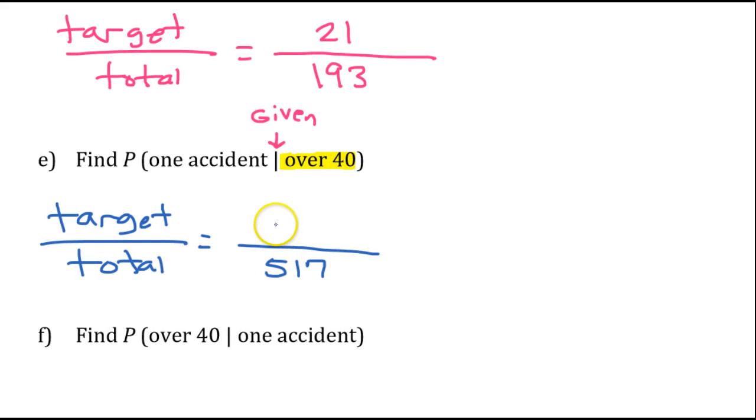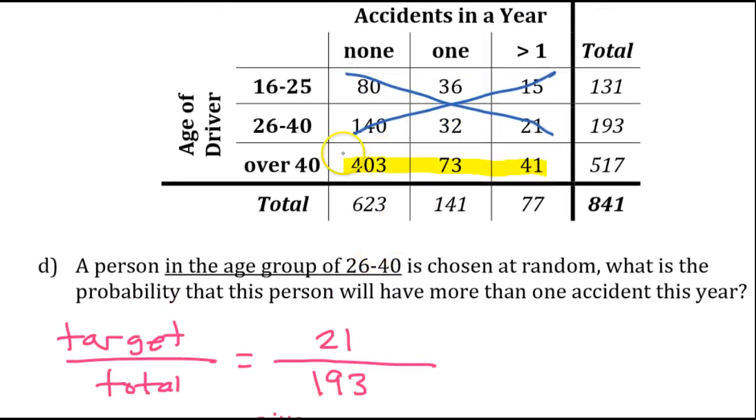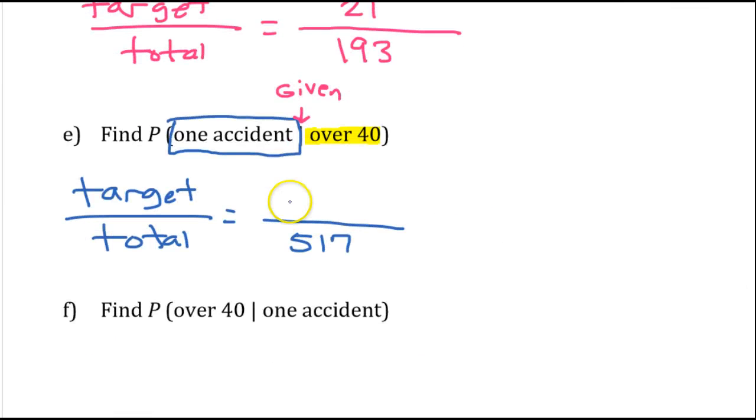Now, the target is what we're trying to find the probability of. We're supposed to find the probability of one accident, so that's the target. Out of this age group, where are the people that have one accident? That's this right here, one accident. That's 73 people. So there's the probability, 73 out of 517.